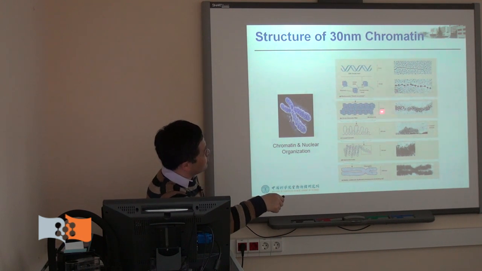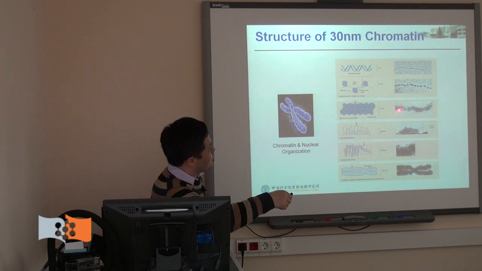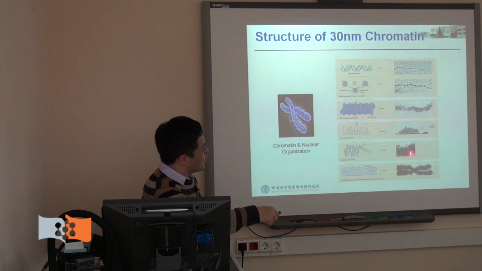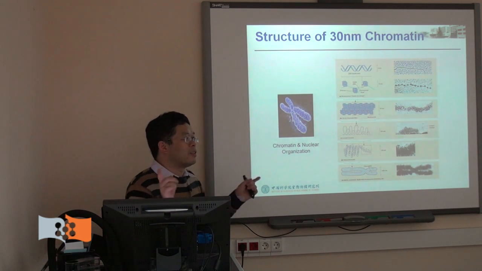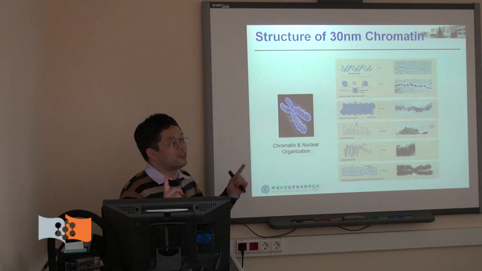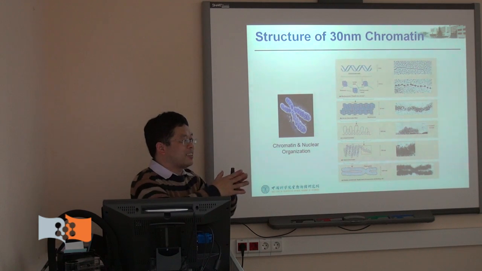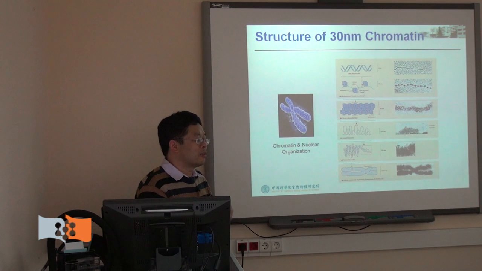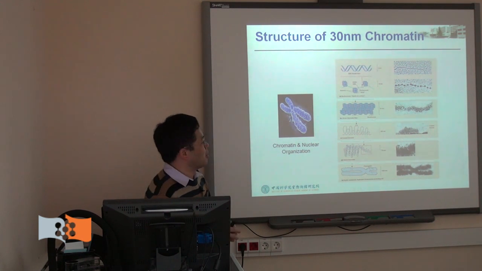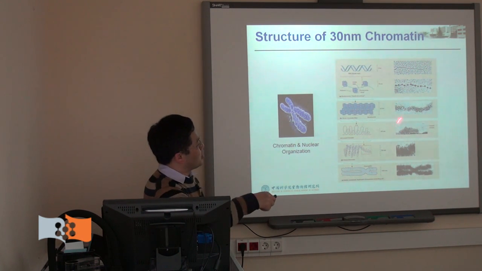Then they fold into 30 nanometer chromatin. They fold together and condense into a chromosome. So around 2 meters of DNA is packed very densely into maybe 20 micrometers. Basically, what we are interested in is this one.